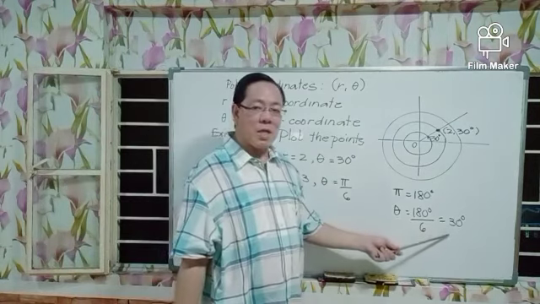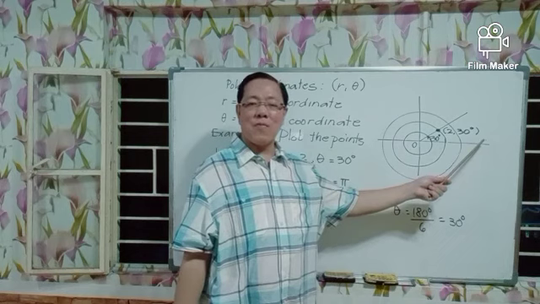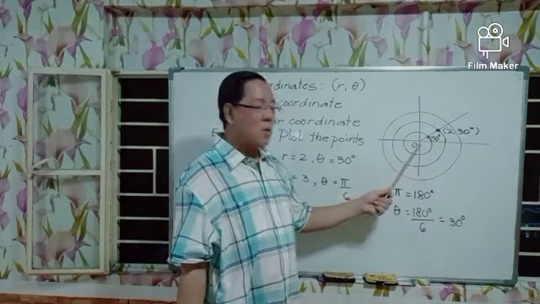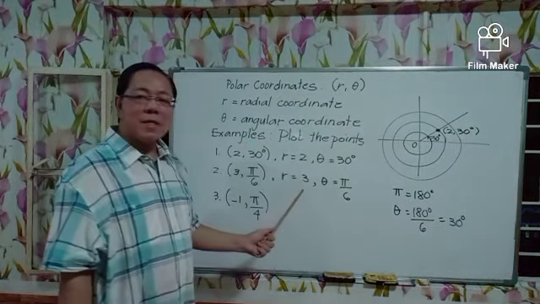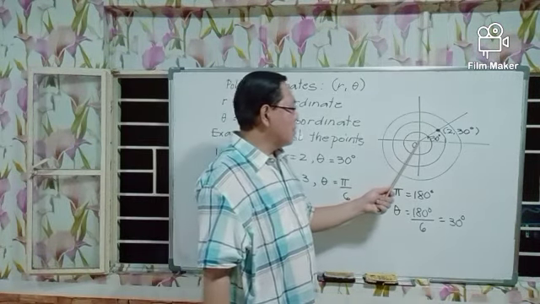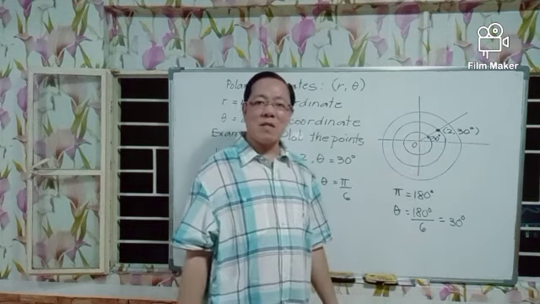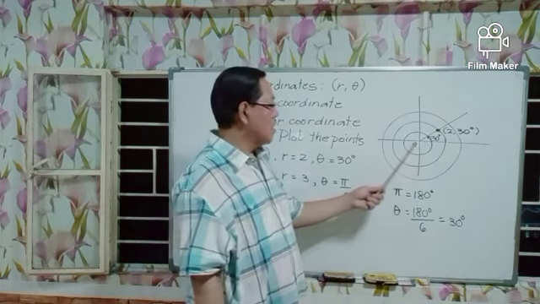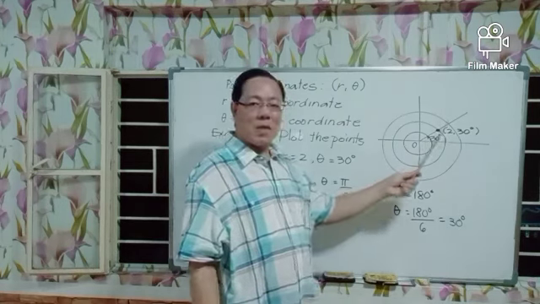Again, we measure 30 degrees from the positive x-axis or from the ray to the right of the pole. And this is 30 degrees. And from the origin, we measure 3 units on the terminal side of 30 degrees. This is 1 unit, 2 units, 3 units.